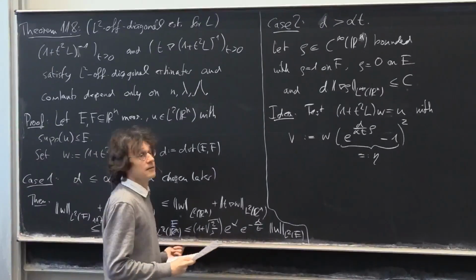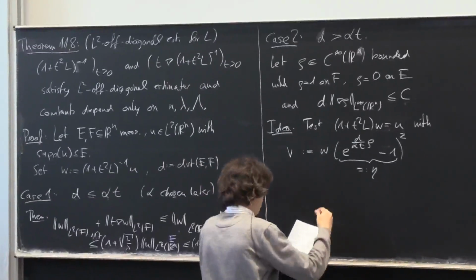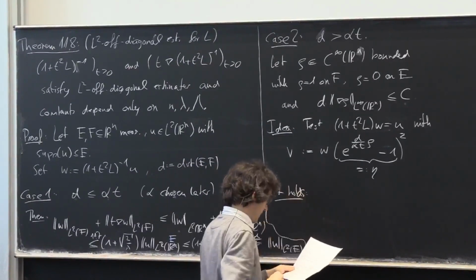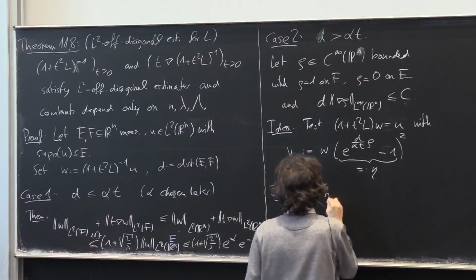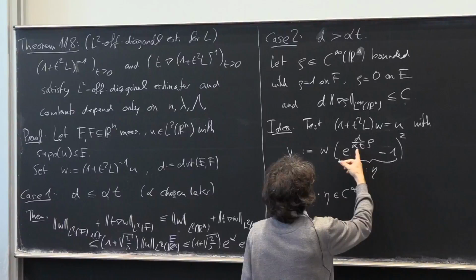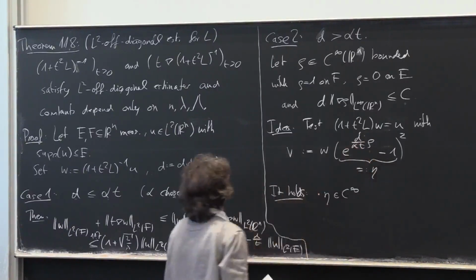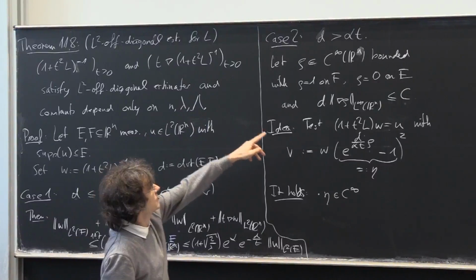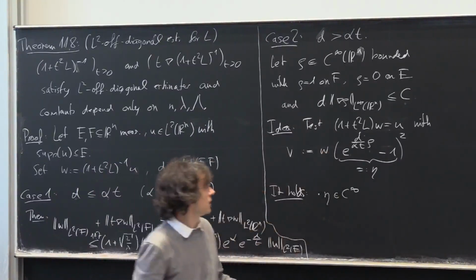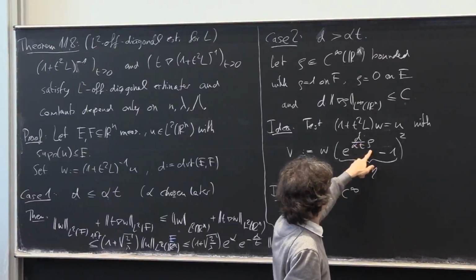So let's collect properties of these functions eta and V, which will help later. The first thing: this function eta is also a C infinity function. It's an exponential, there's the rho inside, and there is this d over alpha t. Note that d over alpha t is strictly greater than 1, because we are in the case d greater than alpha times t. So this is some number strictly greater than 1 times rho minus 1.